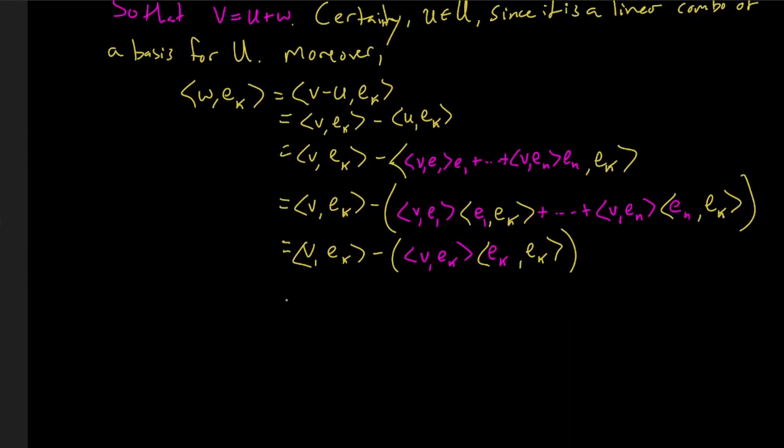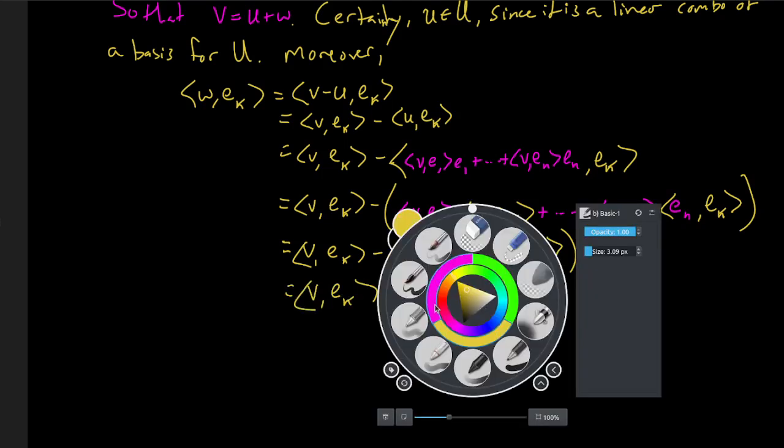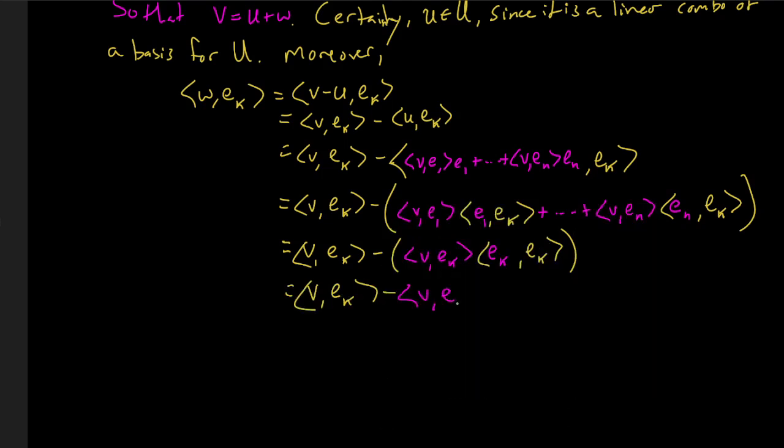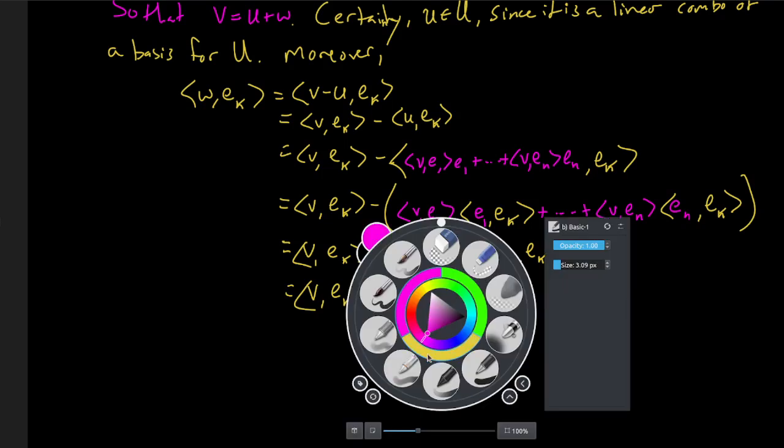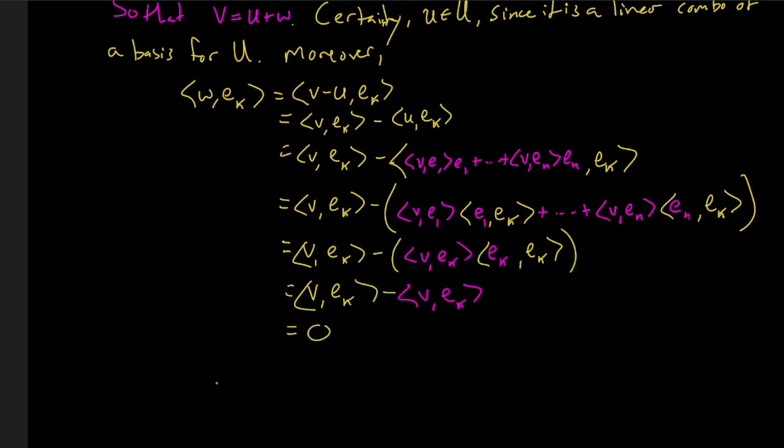But hey, inner product of EK with EK, that's the norm of EK squared. If it's an orthonormal basis, that is 1 squared. So I just get the inner product of V with EK minus the inner product of V with EK, which is a fancy way of saying 0. So W is in U perp.